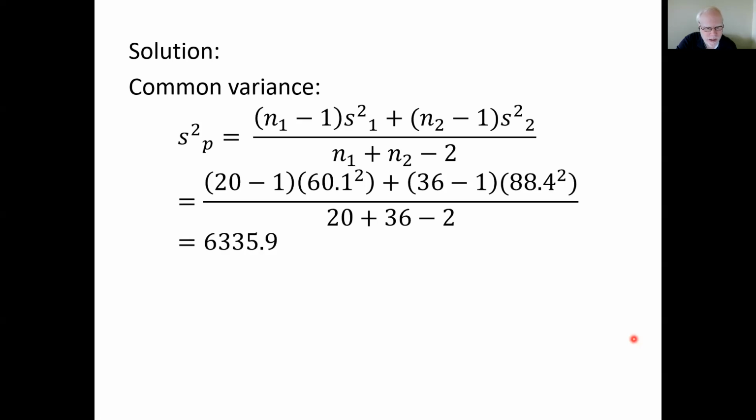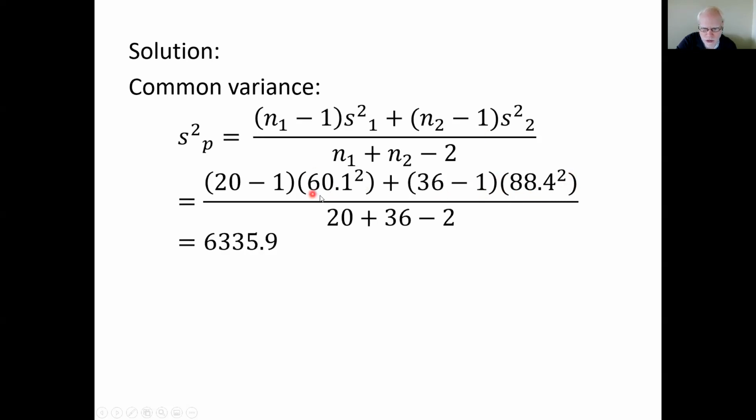All right, so let's start by getting our common variance. We get our common variance, again, using this formula. So we put in the sample sizes and the standard deviations, but don't forget we need to square them because we're talking variance.